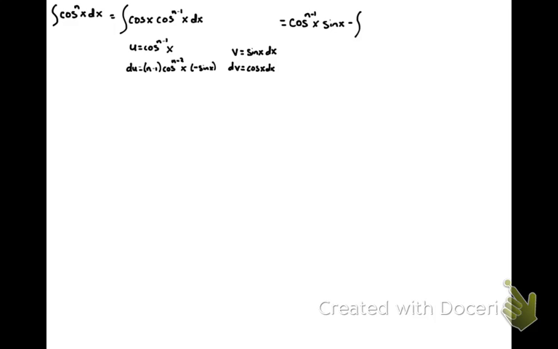So in this case, that will be negative sine squared x times the constant n minus 1 times the cosine of n minus 2 to the x dx.